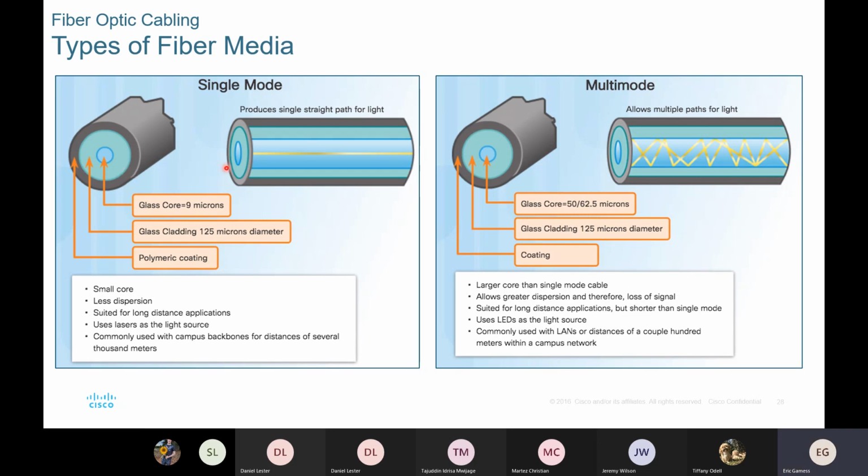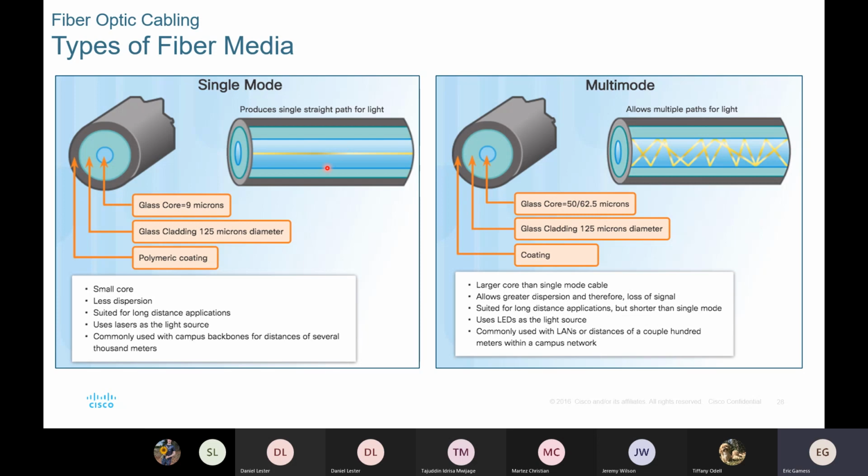It allows much longer distance. It also allows higher bandwidth. The light emitter will be a laser. Laser is very expensive, but the light is totally condensed in one ray of light.